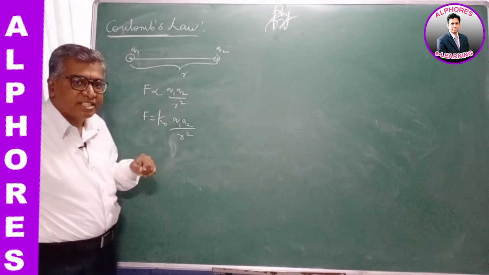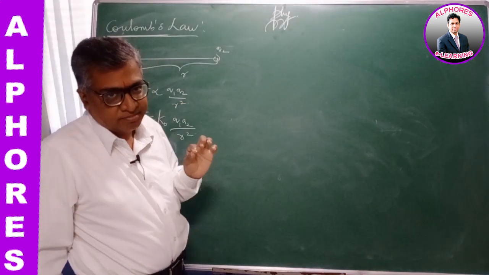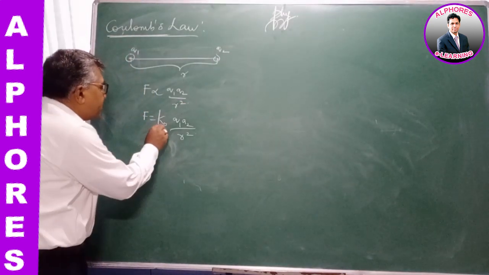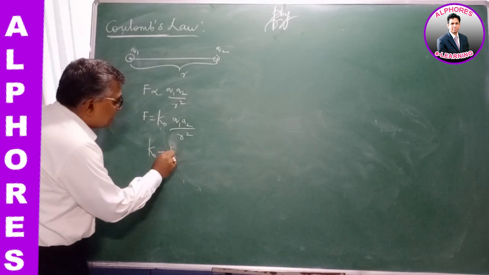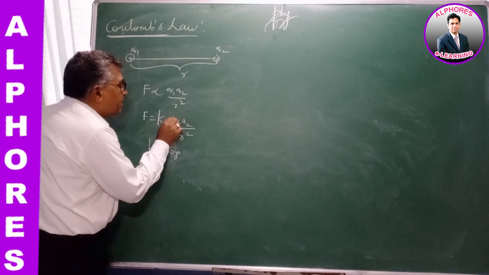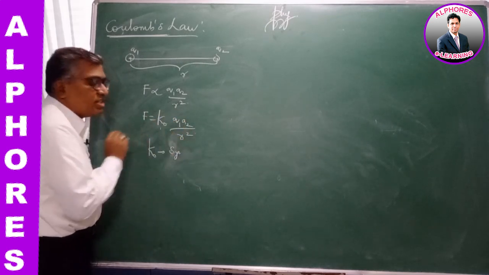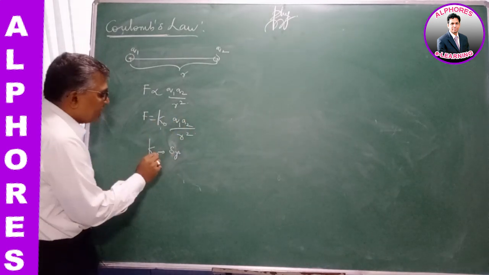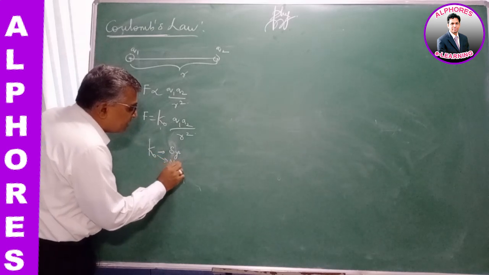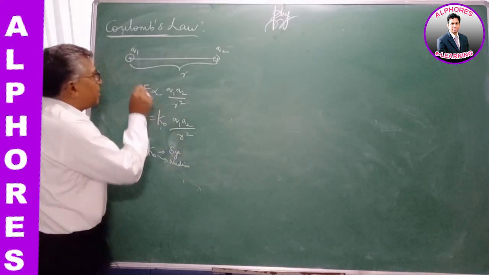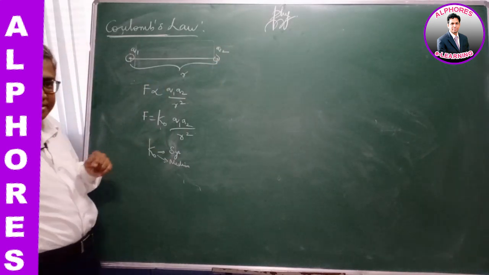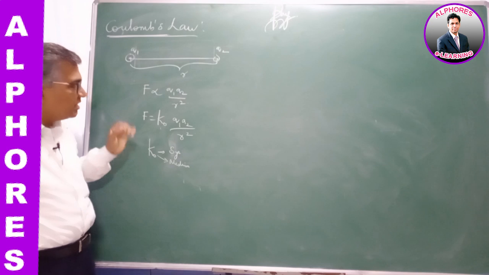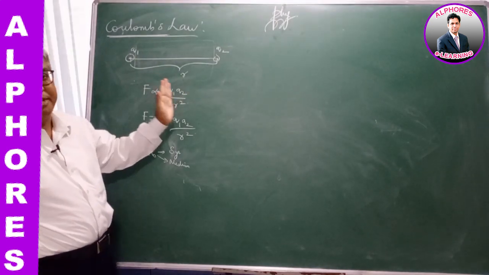Now this constant is called Coulomb's constant, small k naught. It depends on the system of units you consider for all the quantities, and it also depends on the medium present between the charges.